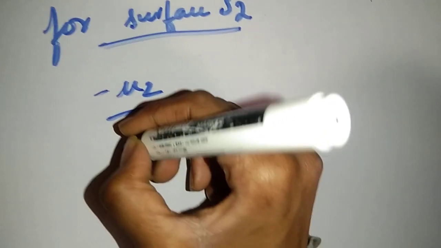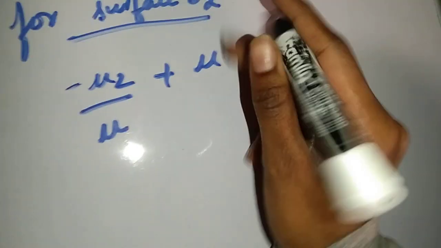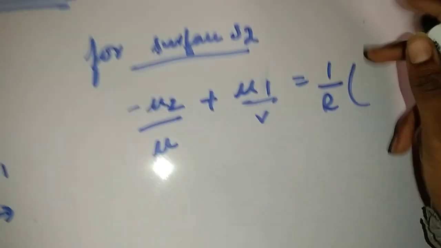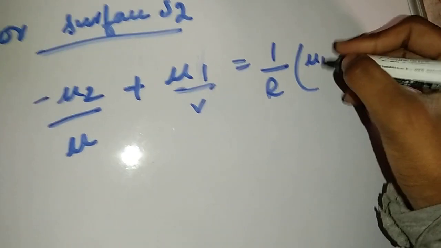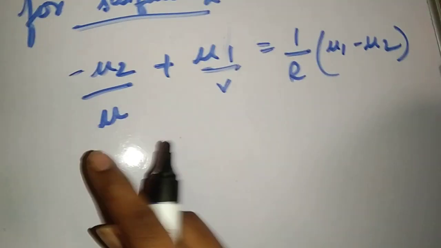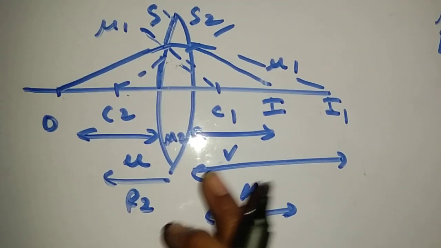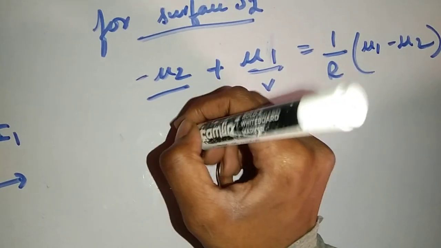So you will be writing here minus mu2 upon u plus mu1 upon v equal to 1 upon r times mu1 minus mu2. Here they have taken u, but we did not take u. We took it as something else. What was it? V.